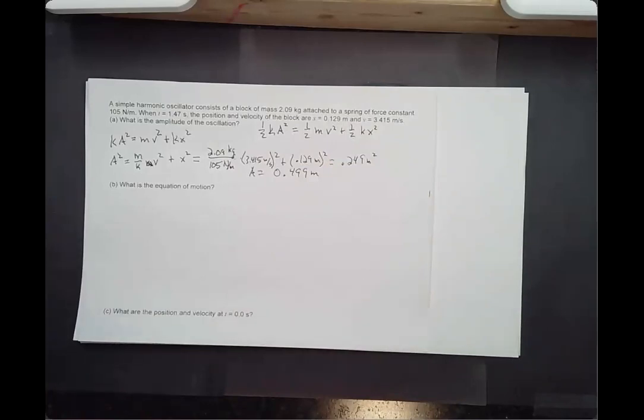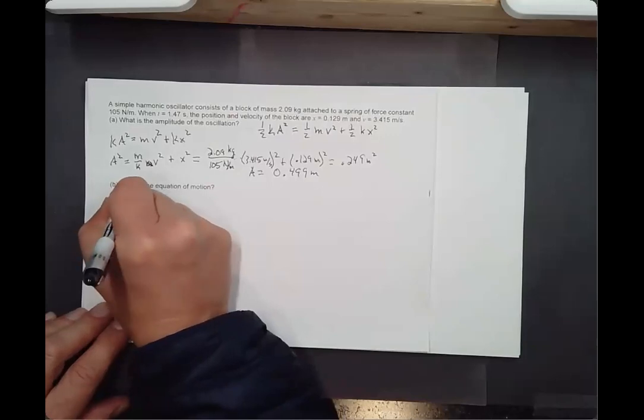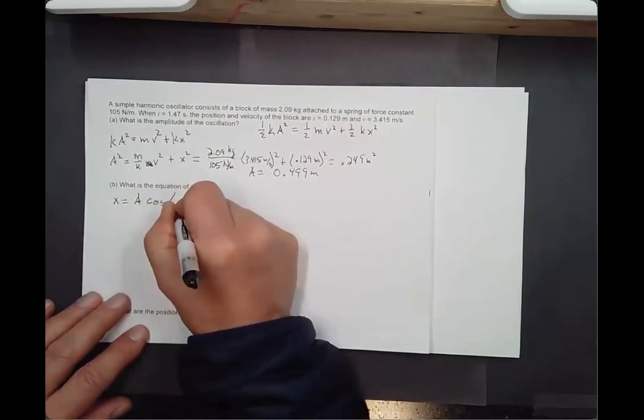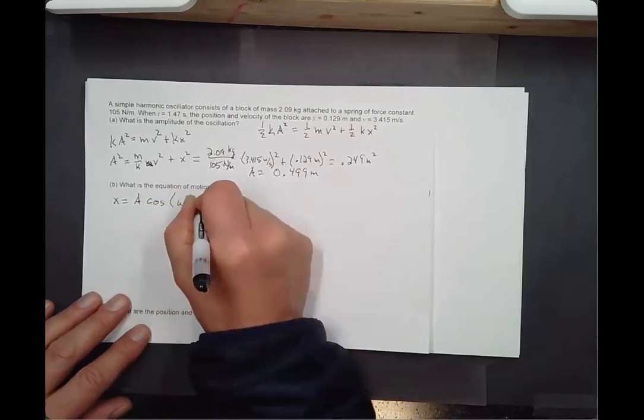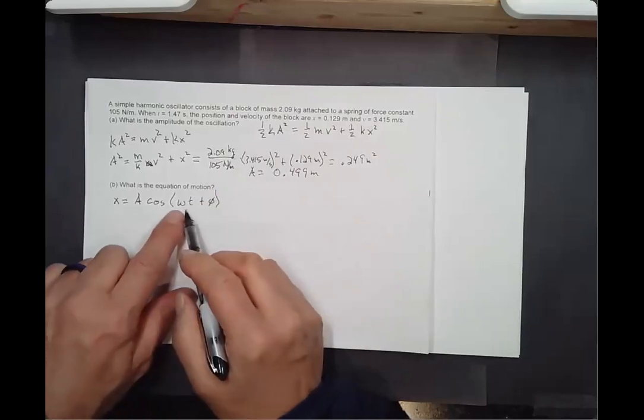Okay, now here's something that's kind of tricky. What is the equation of motion for this thing? Well, in general, x is equal to A cosine of omega t plus phi. The omega is easy.